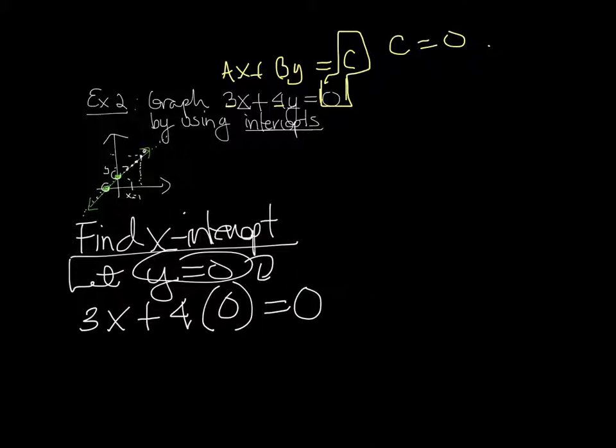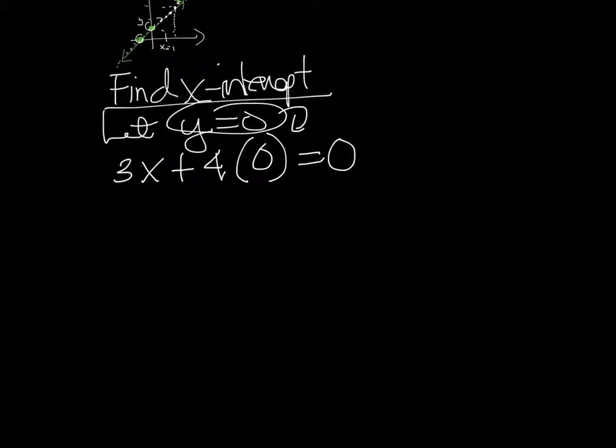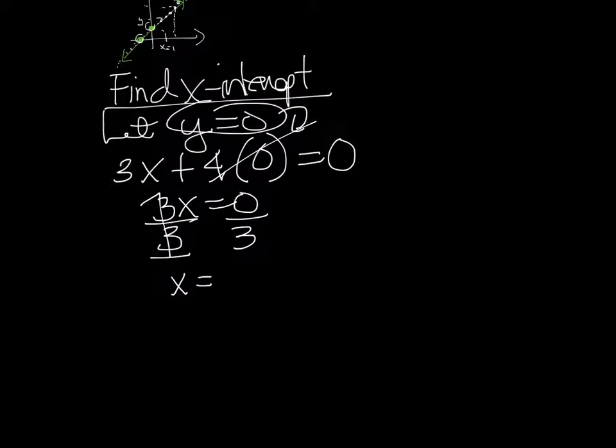Okay, so let's move this up. Well, 4 times 0 is 0. 3x equals 0. So 3 times what is 0? Well, 0. 3 times 0 is 0. So you can write x equals 0. Or if you want to use the multiplicative property of equality, you get x equals 0 divided by a number is 0.